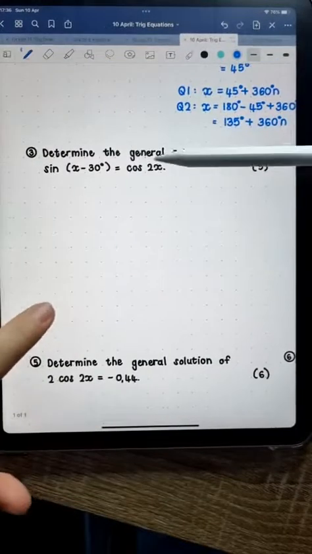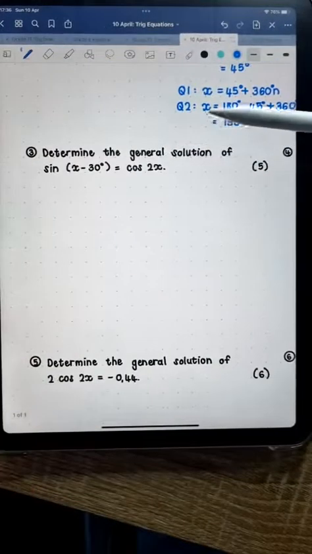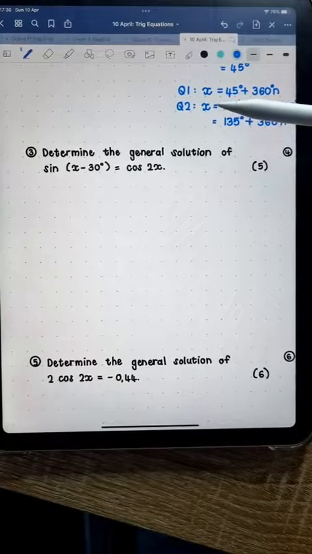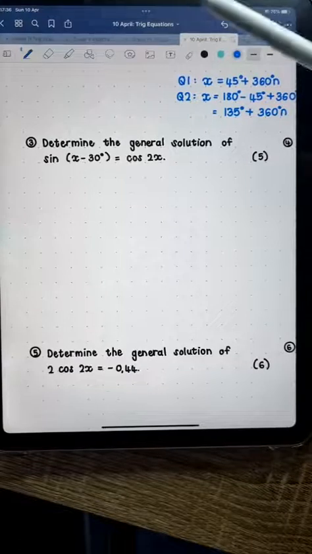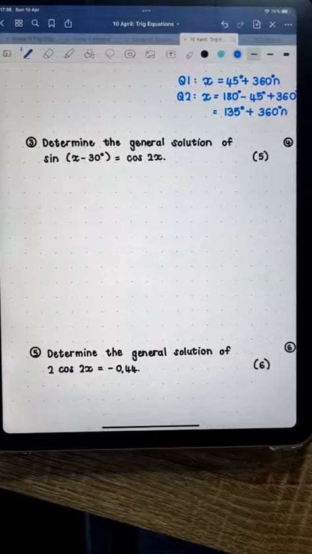Now, for this one, someone is suggesting compound angles, so I actually wouldn't work with compound angles here because it's going to make it much more complicated. Let me just show you quickly what's going to happen if you do. And I'm so glad, Simanga, that you said that because lots of people make that mistake.